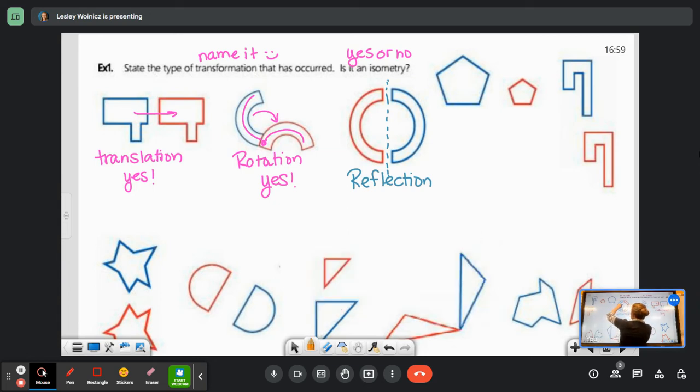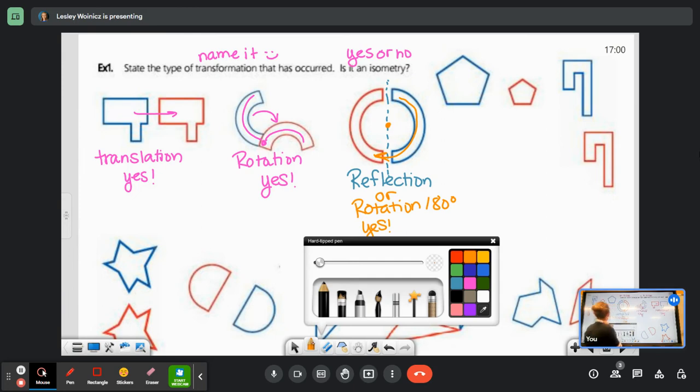We could also rotate this about that point. So reflection or rotation. That's a fun one. It would have to be a rotation of 180 degrees, right? Either way, it is an isometry, so yes, because those are congruent figures.